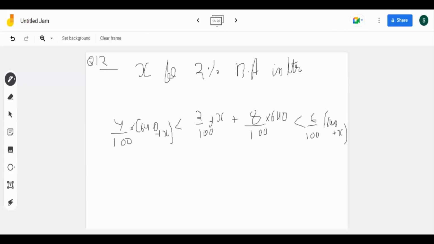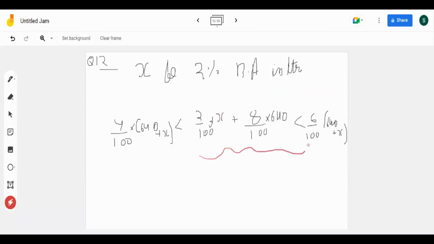Let me explain again how I found this inequality. We have 640 liters of 8% boric solution, so the acid content will be 8/100 into 640 liters. This is the amount of acid, and we have added x liters of 2% solution, so that acid content will be 2/100 of x.